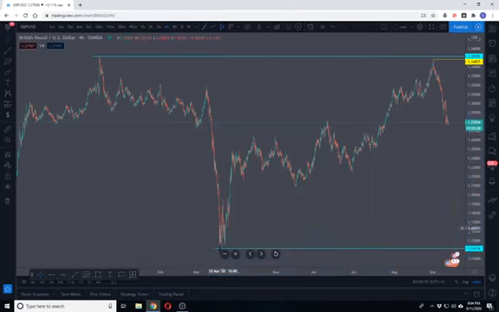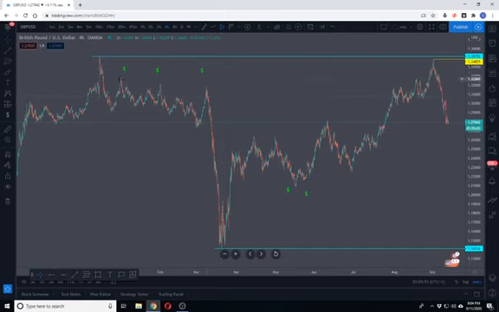So what we tend to do is, the main thing that we're looking for when we're trading is liquidity. Liquidity to us is the most important thing. So normally you have liquidity sitting above highs and below lows, right?